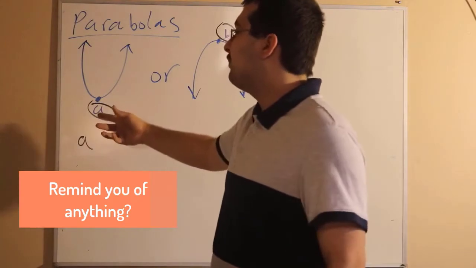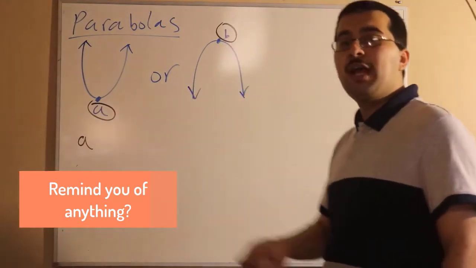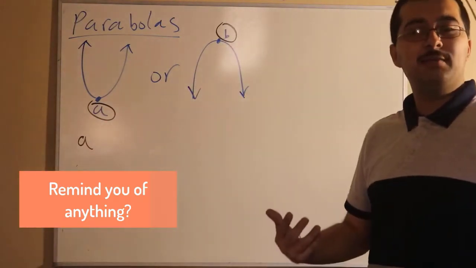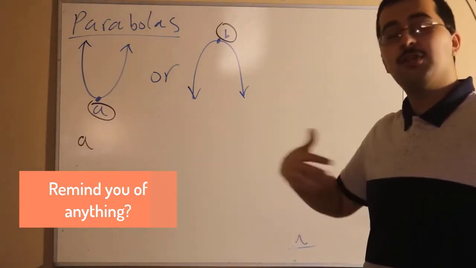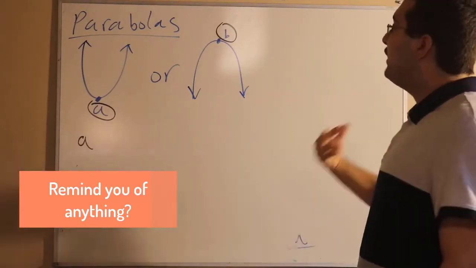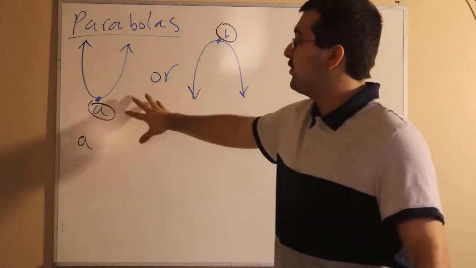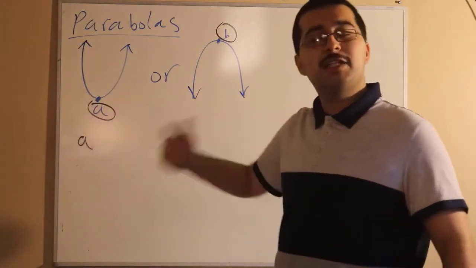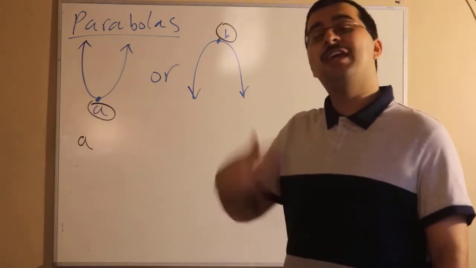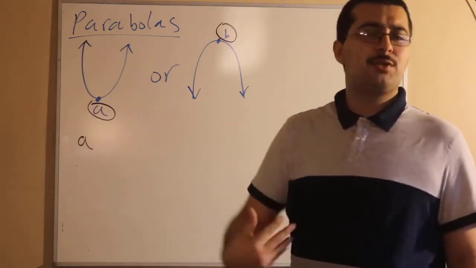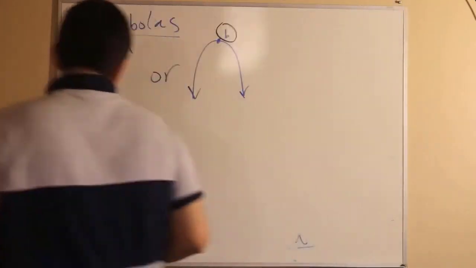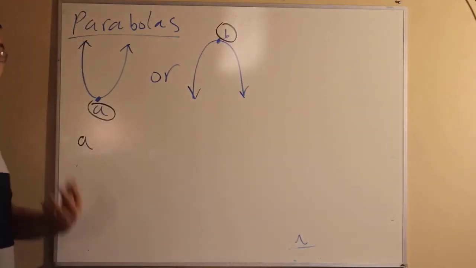Then we hit A. And what's special about A is right after we move past it, our parabola starts increasing and it starts moving up. So these points A and B are, actually, just to talk about this one, point A is the only point on this parabola where our behavior changes. That's really what's so special about that. So, as I mentioned, these points get their own special name.